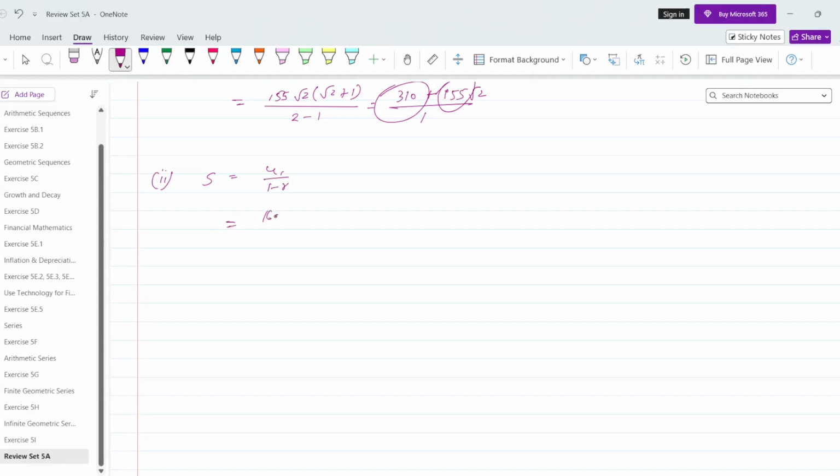This is going to be 160 divided by 1 minus 1 by root 2. So 160 divided by root 2 minus 1 times root 2 in the numerator. And to rationalize the denominator, we can multiply by root 2 plus 1 in the numerator and denominator both.